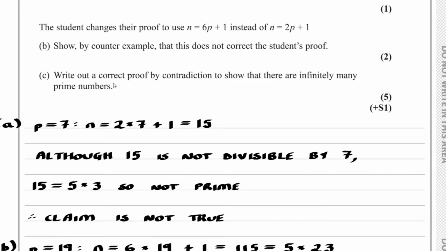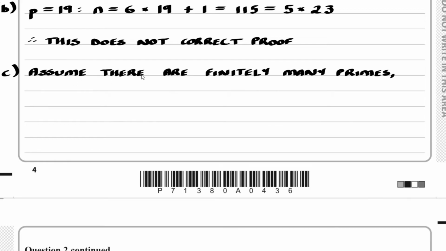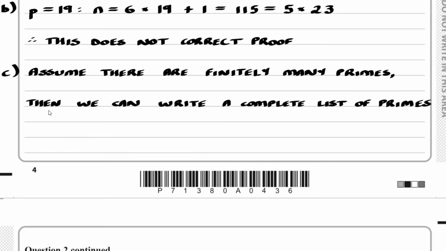Part C, write out a correct proof by contradiction to show that there are infinitely many prime numbers. For part C, we assume there are finitely many primes. And if that's the case, then we can write a complete list of primes.